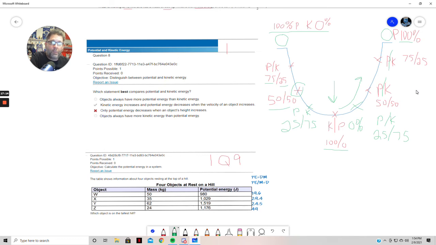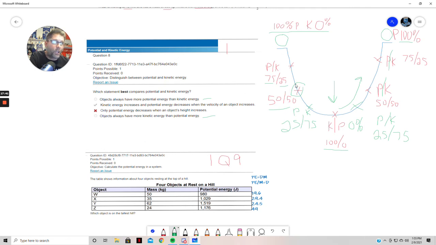So now let's look at some of our options. Option 1 and option 4 are the same thing, just said in reverse. Objects have more kinetic energy than potential. Objects have more potential energy than kinetic. Both of those would be false because that's the same amount, and it only changes based on its position along the gradient.